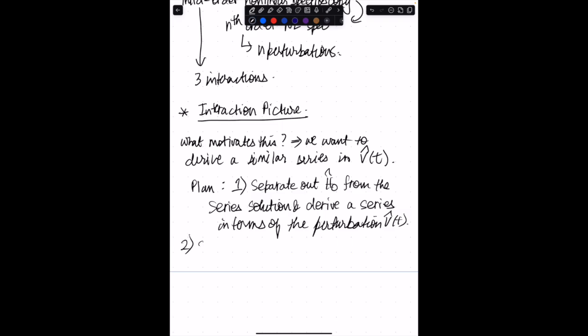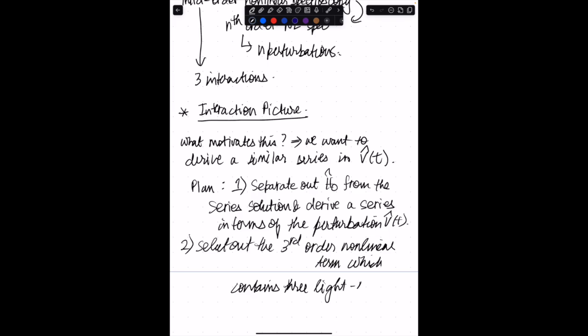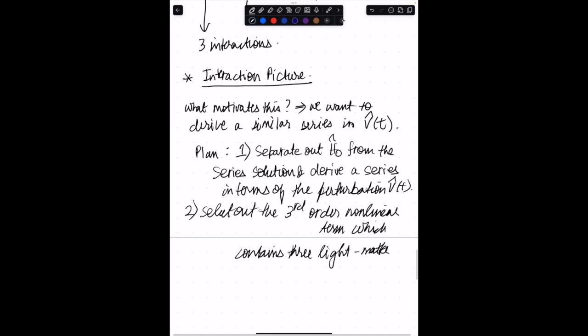Number two, select out the third order nonlinear term which contains three light-matter interactions, or generally just perturbations, because this framework can be used outside spectroscopy too. But we want to focus on the light-matter interactions.